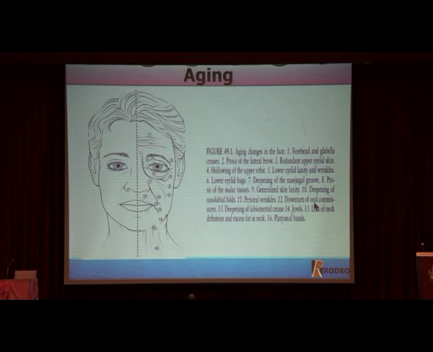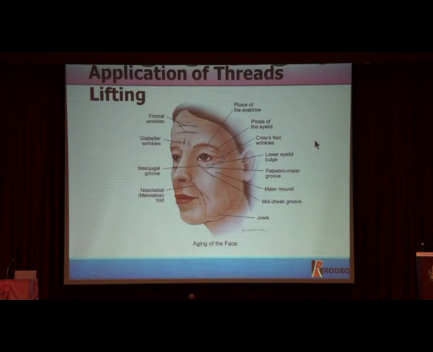Definition is very important. And the thread lifting area: first, the crop fit. For the crop fit, barbed thread is not recommended because it makes an iatrogenic moon face. The medial portion is a high portion, and the patient says that is a good proportion.